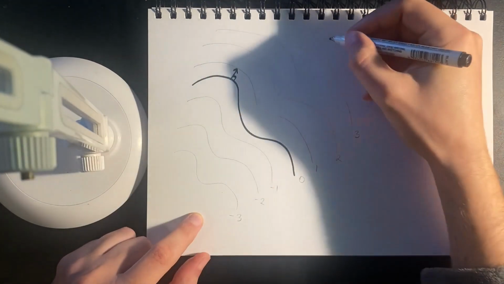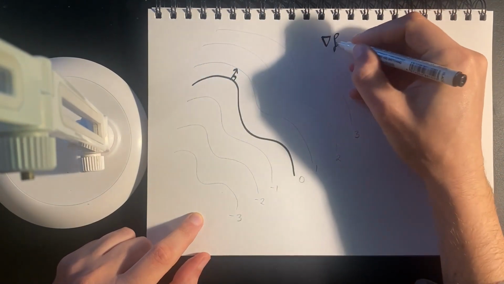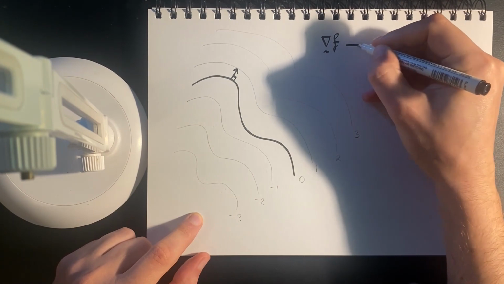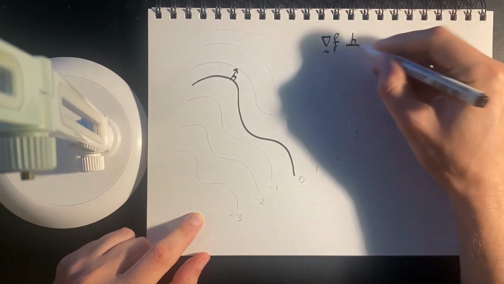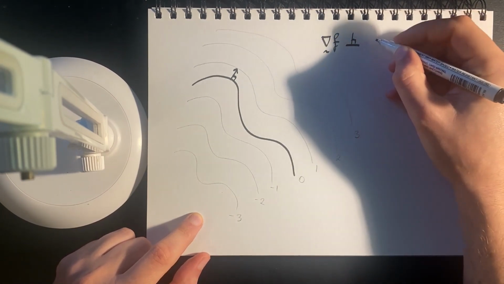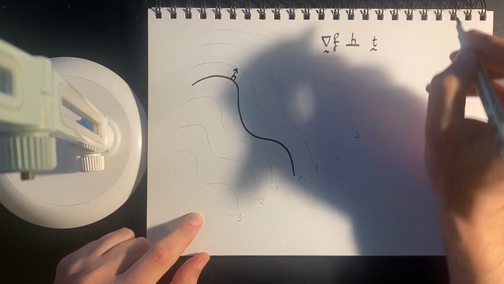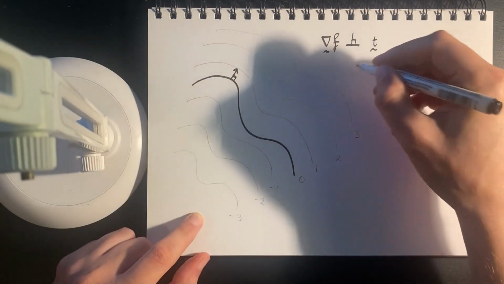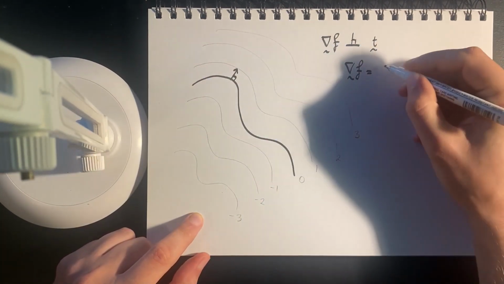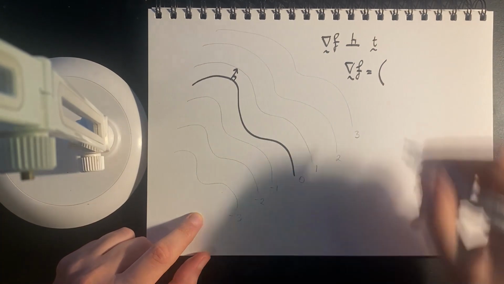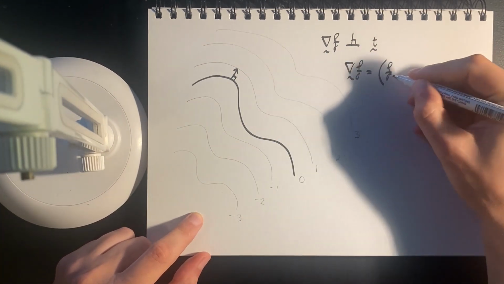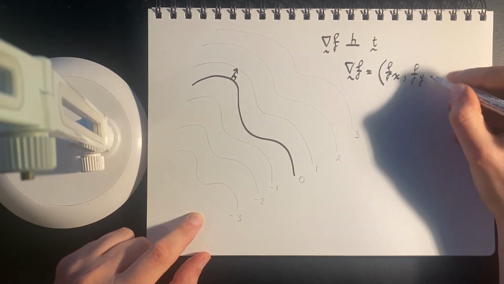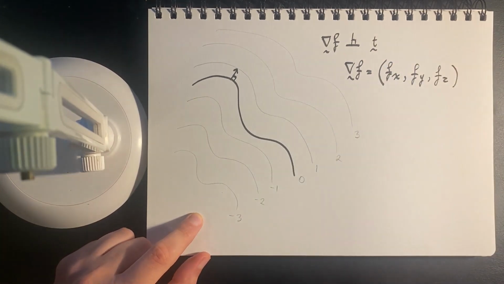Okay, so let me just put, grad f. Grad f is orthogonal to, how am I going to write this? I'll just put t for tangent. So tangent is going to follow this surface. Anyway, what was I getting at? Well, grad f will be the partial derivatives of the function with respect to each of its parameters, just like that.